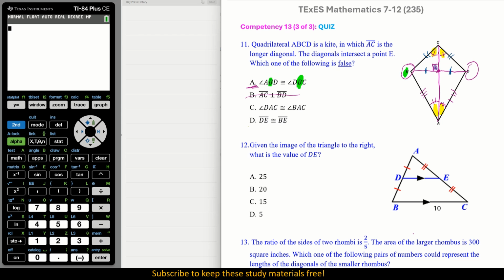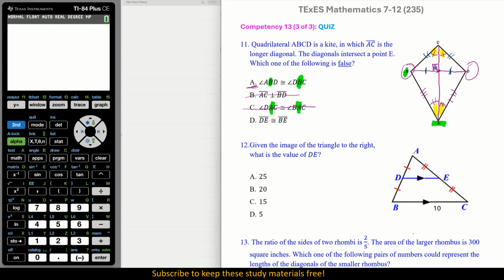Okay, so C, they are trying to compare the angles at A. Let's go over here to A. And yes, those angles are similar. There is congruency. So that's true. So it's not what we're looking for. We're looking for false.